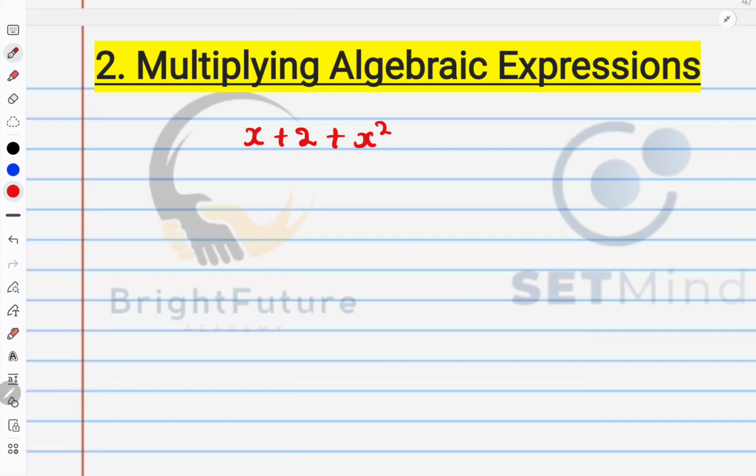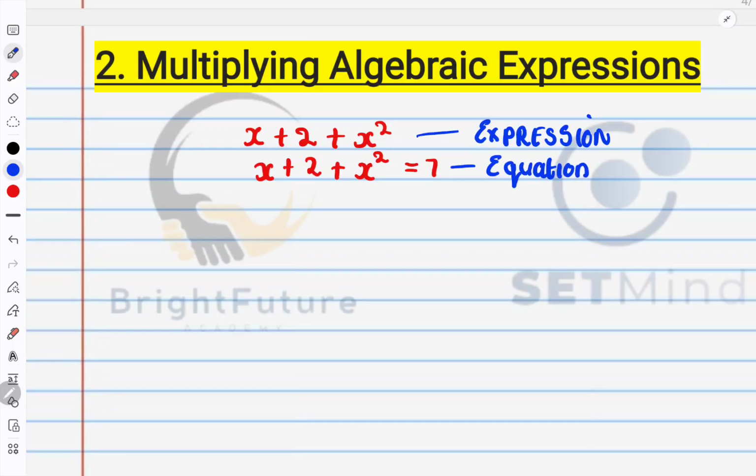Just a quick difference between an expression and an equation: an equation would be x plus 2 plus maybe x squared again equal to 7. The first is an expression, and this is an equation.